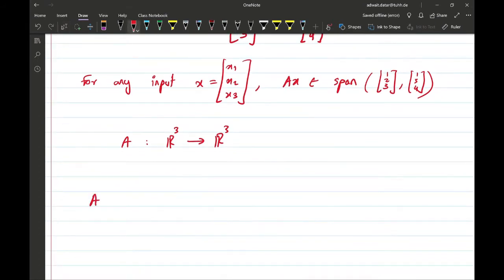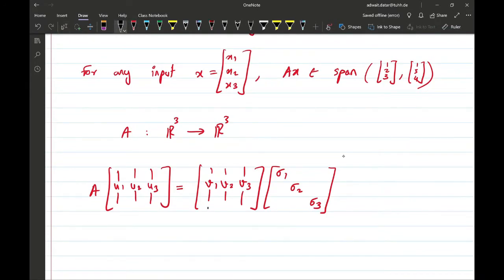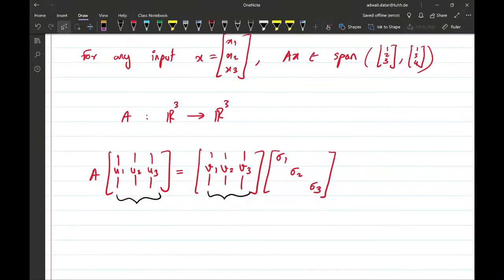Now let's try to write down the singular value decomposition. So what we know is that all these vectors v1, v2 and v3 are orthogonal to each other and therefore span R3. Similarly, these three vectors are orthogonal to each other and also span R3.